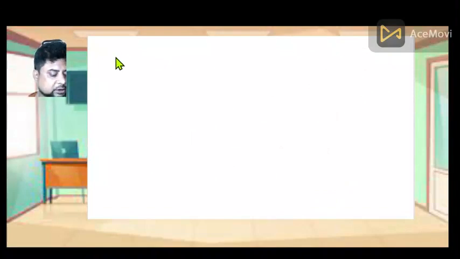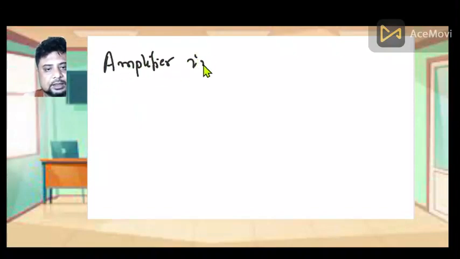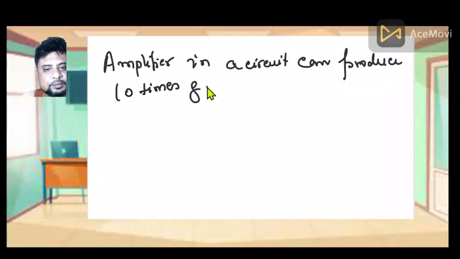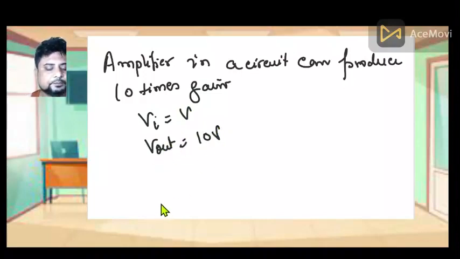Now we will come to the definition of amplifier, because there is a lot of confusion about it. If you have an amplifier in a circuit that can produce 10 times gain, this means if your input voltage is V, then the output voltage with the amplifier may be 10 V, or the current may be 10 times as well.